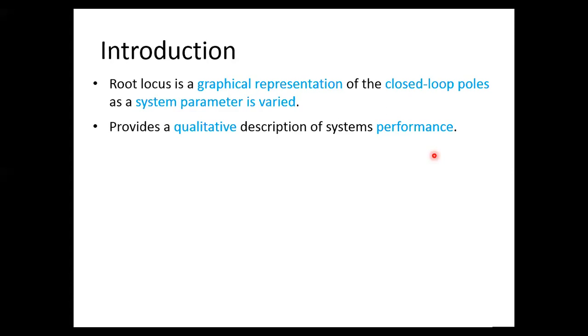Feedback control systems are difficult to comprehend from a qualitative point of view, as they rely heavily upon mathematics. The root locus that we will cover in the next slides is a graphical technique that gives us a qualitative description of control system performance, and also serves as a powerful qualitative tool that yields more information than the methods already discussed.